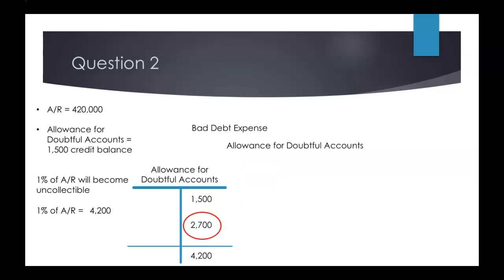So we will debit our bad debt expense again and credit our allowance for doubtful accounts, and the number that we're going to use in this adjusting entry is $2,700, because we are adjusting our allowance for doubtful accounts from its $1,500 balance to its new $4,200 balance. And to do that, we needed to credit the account $2,700.